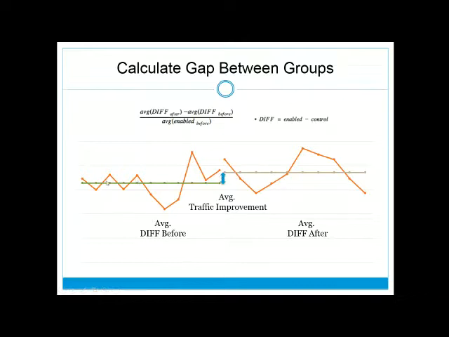So you're going to see this step up in terms of an average. So the average difference between your control and your enabled group once a test has run for a few weeks or a few days, how does that average look afterwards?